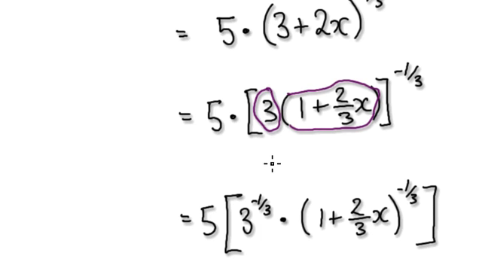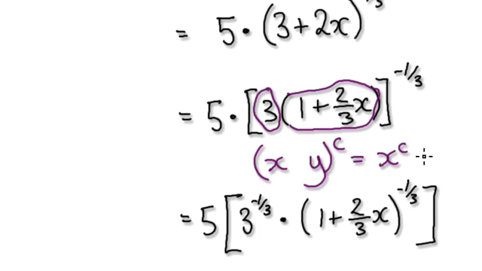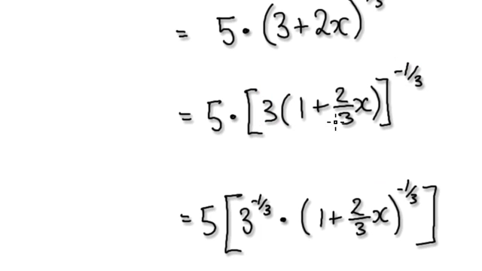And then when you're here, you can jump to here, because whenever you have one thing multiplied by another, so this is like having x multiplied by y to the power of, let's say, c, from our section on indices, that's the same as x to the power of c times y to the power of c. Sorry, hang on.